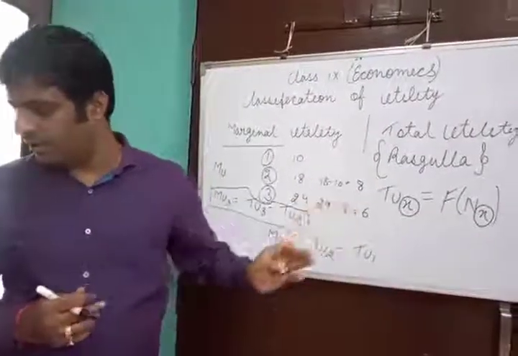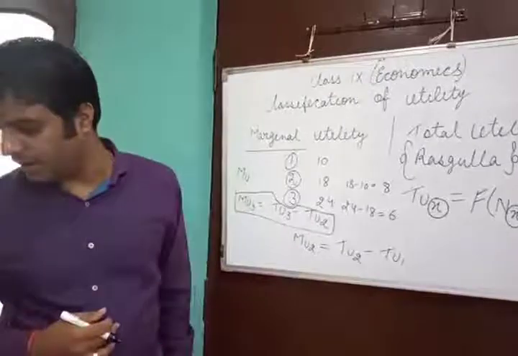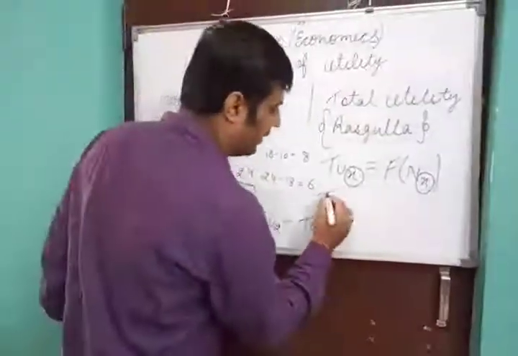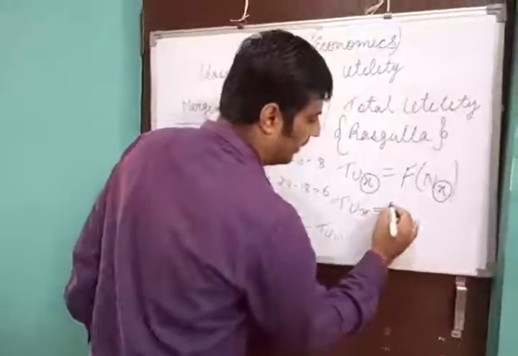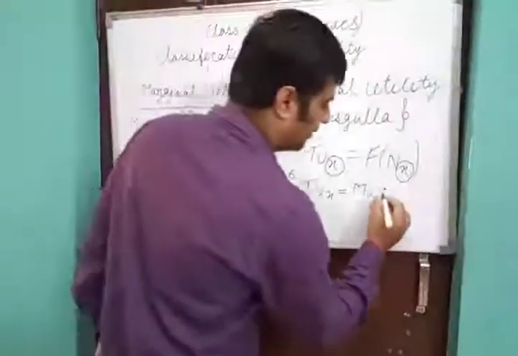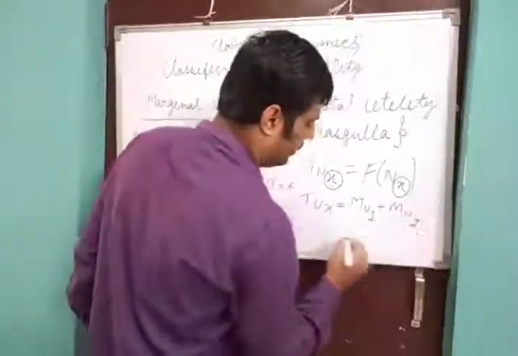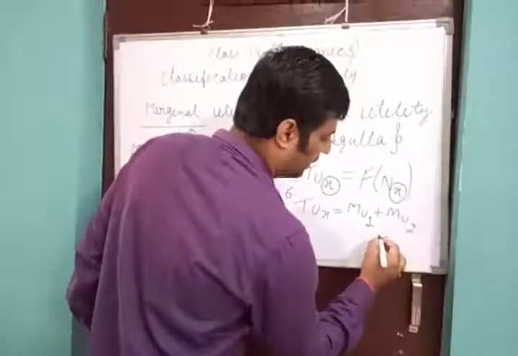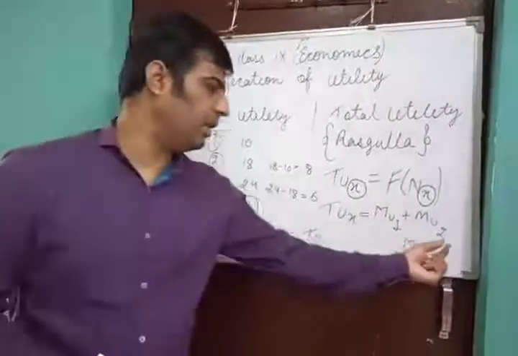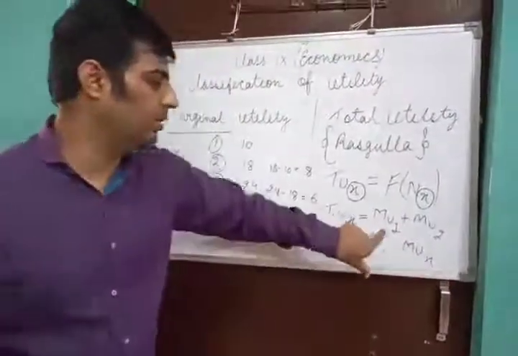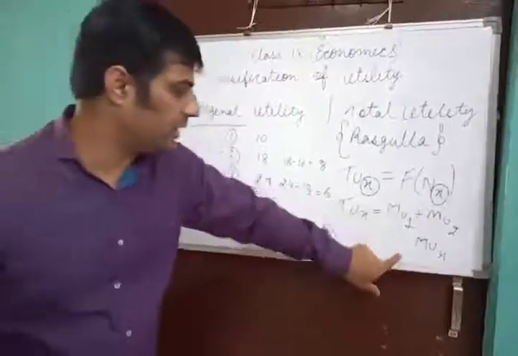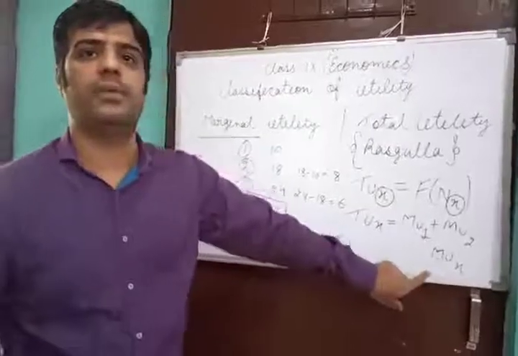Now next, total utility can also be calculated by using one more formula: total utility of X will be the marginal utility of the first unit plus the marginal utility of the second. Suppose 5 pieces have been consumed, then marginal utility of 1, plus marginal utility of 2, plus marginal utility of 3, plus marginal utility of 4, plus marginal utility of 5.